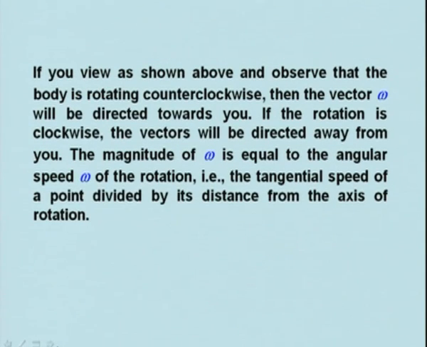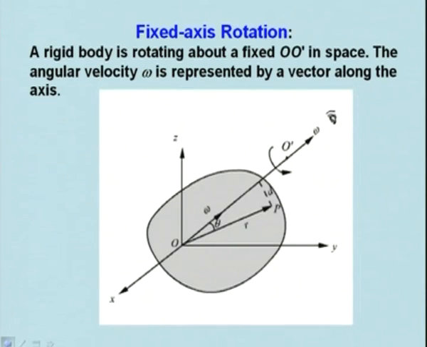If you view this from the top, and you see that the body is rotating counterclockwise, then the angular velocity vector will be directed towards you.